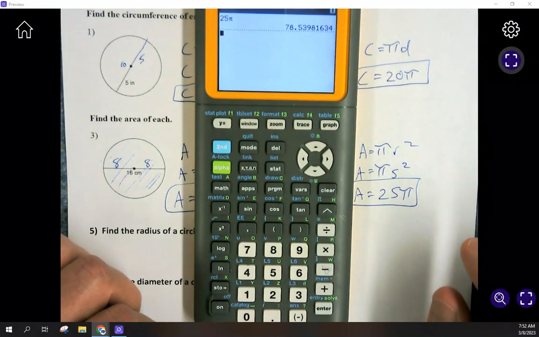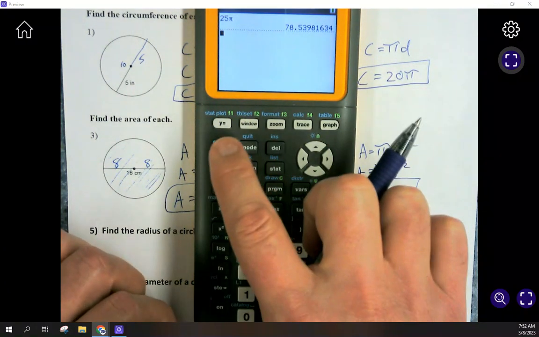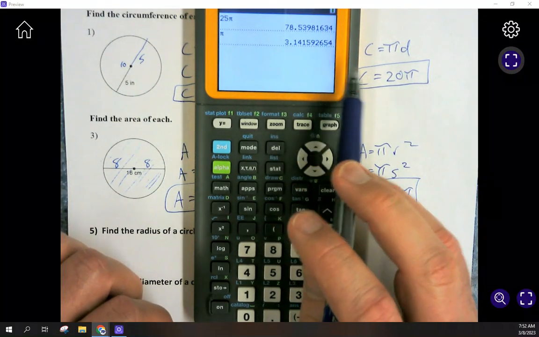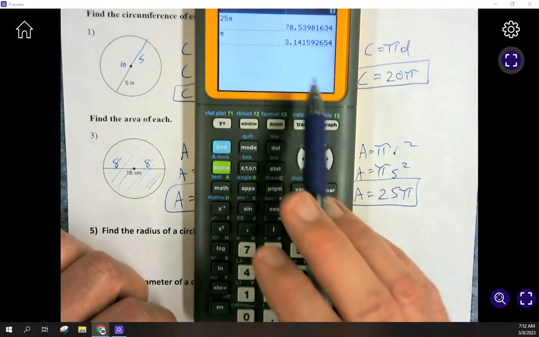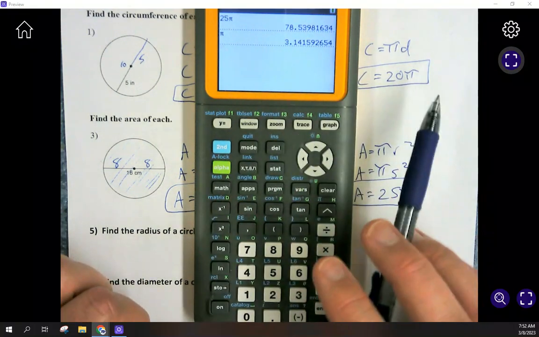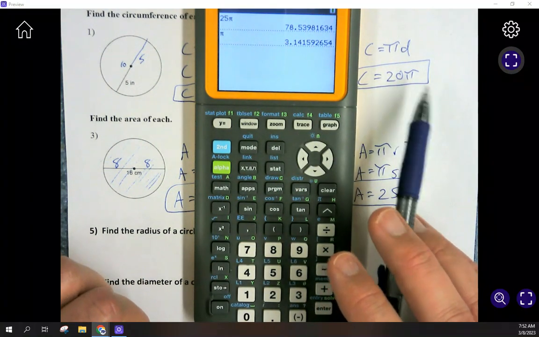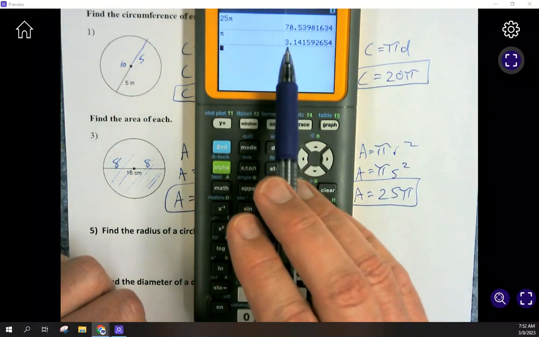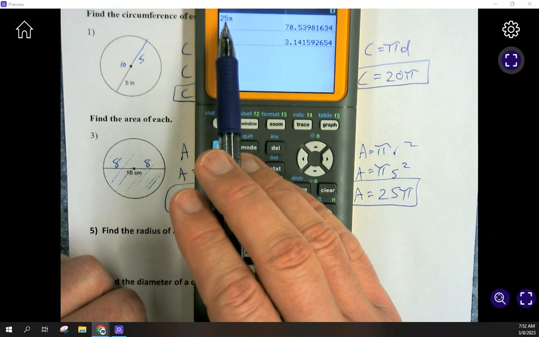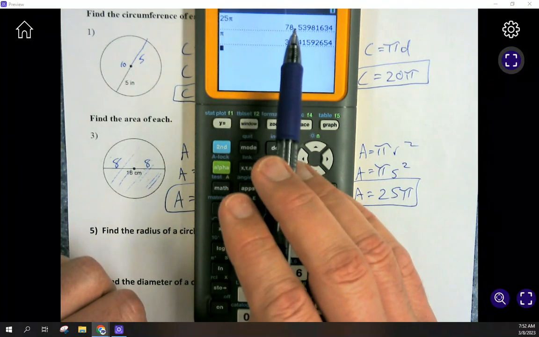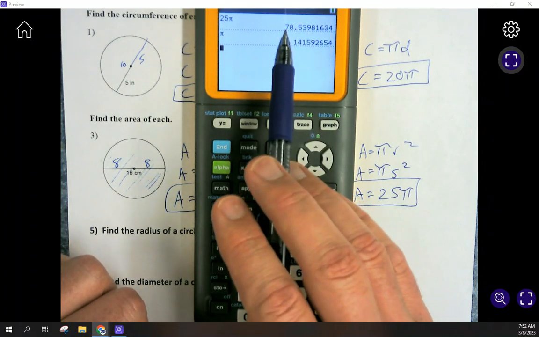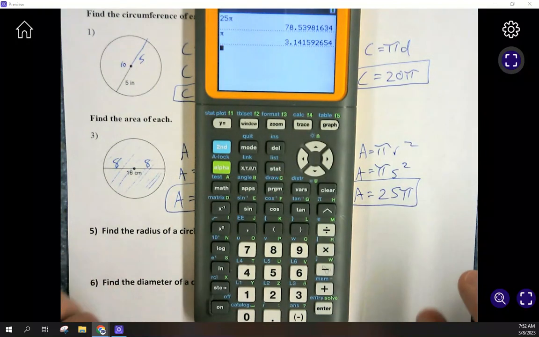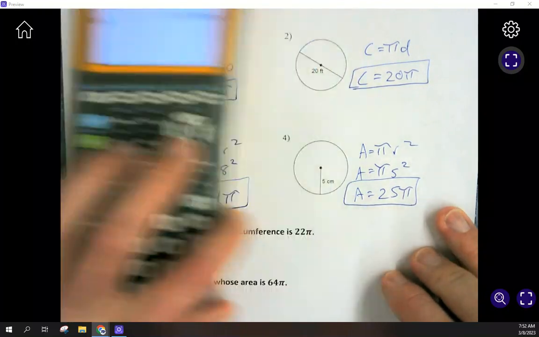Remember that pi is actually equal to a number. 3.141592. I'm sure you've studied it before. It goes on forever. People like to memorize how far into the digits of pi they can go. So pi is actually a number. This is 25 times 3.14. That's why you can see 25 times 3 gets you pretty close to this. But again, this is rounded off. Eventually, we're going to leave pi alone. But just in case you needed a decimal answer, that's how you would get it.